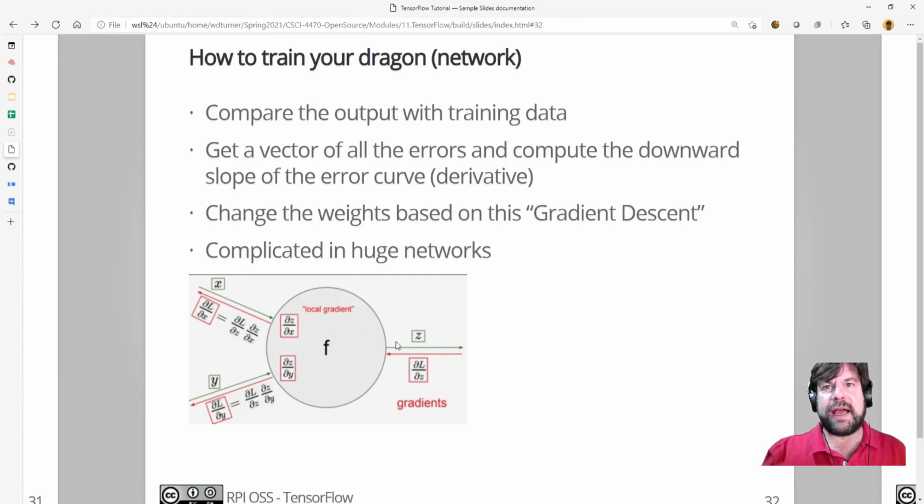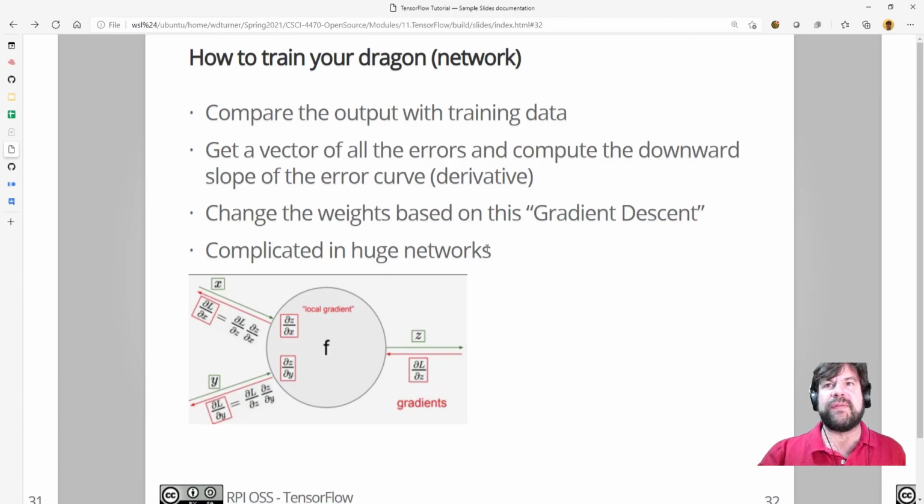We can calculate how z varies with respect to each of its inputs. And that will tell us how we want to adjust these inputs so that they better match the answer we want to get. Okay, we're going to use some variant of gradient descent, which is going to calculate the gradient of what direction we want to move these things in, and then change them based on this directional constant.